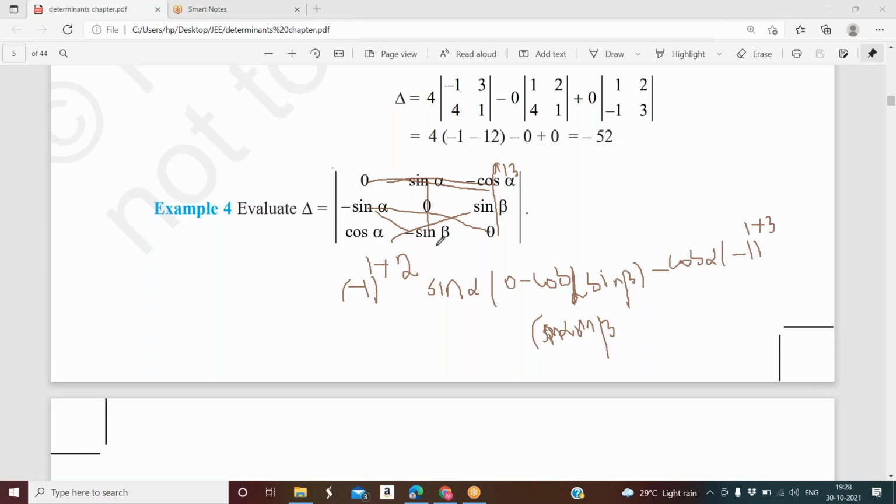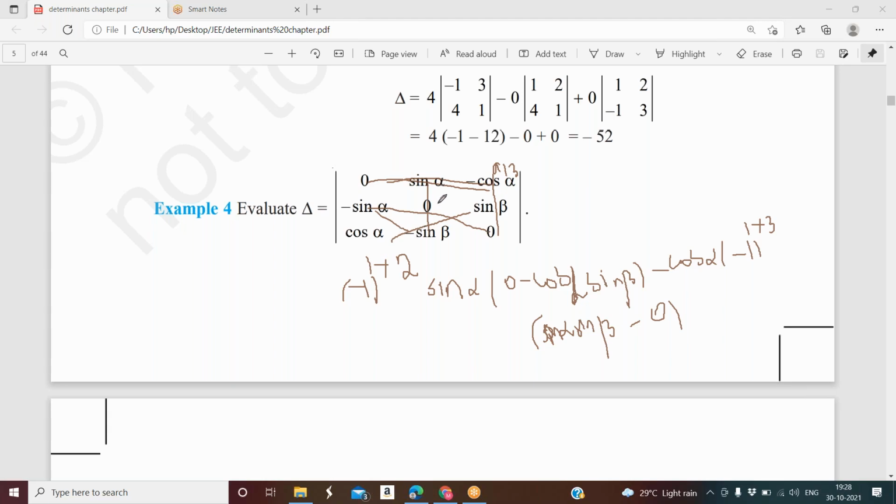Then cos alpha into 0. You will add minus, cos alpha into 0 is 0. Remember like this when you expand the determinant: first we are coming downward, sine alpha sine beta, downward arrow.